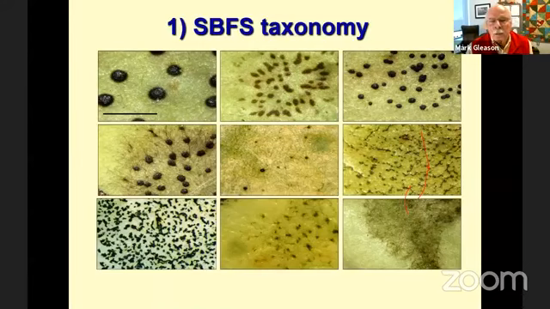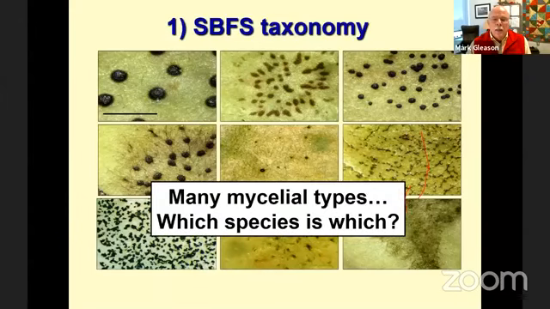These are just close-up pictures of the apple peel, and you're looking at different, what's called mycelial types on the surface of the apple. So we have a lot of different mycelial types, and the real question has always been, which species is which? A great deal of effort went into taxonomy, and also a great deal of frustration went into taxonomy for many, many decades.